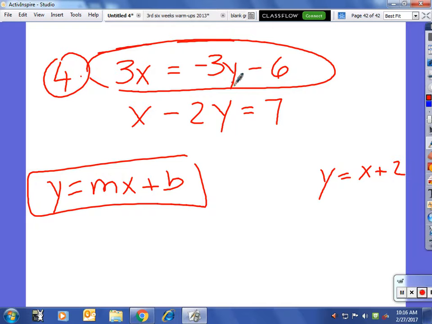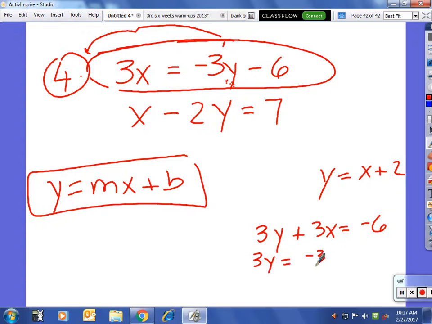Okay, first of all, couple of choices here. Honestly, when I see a negative 3y, I just prefer to move it so I don't have to deal with negative y's. So what I would have done first here is move the negative 3y to the other side. Then I would have had 3y plus 3x equals negative 6. Now I can move the 3x over. 3y equals negative 3x minus 6.